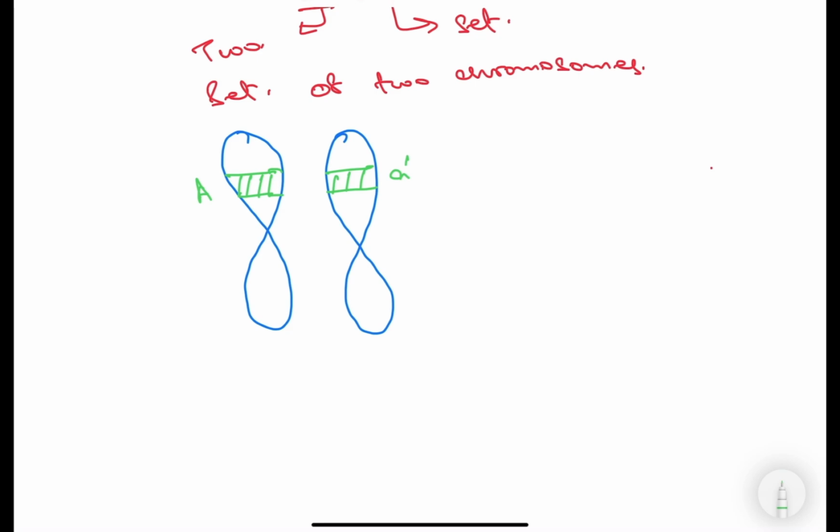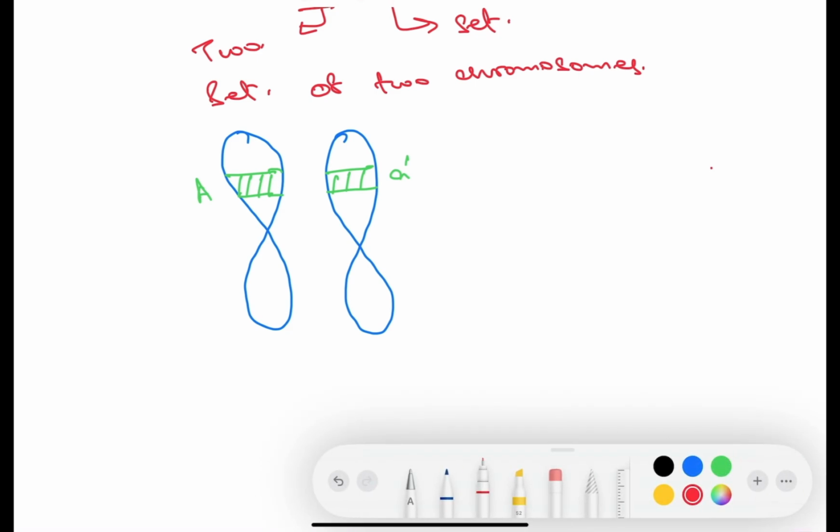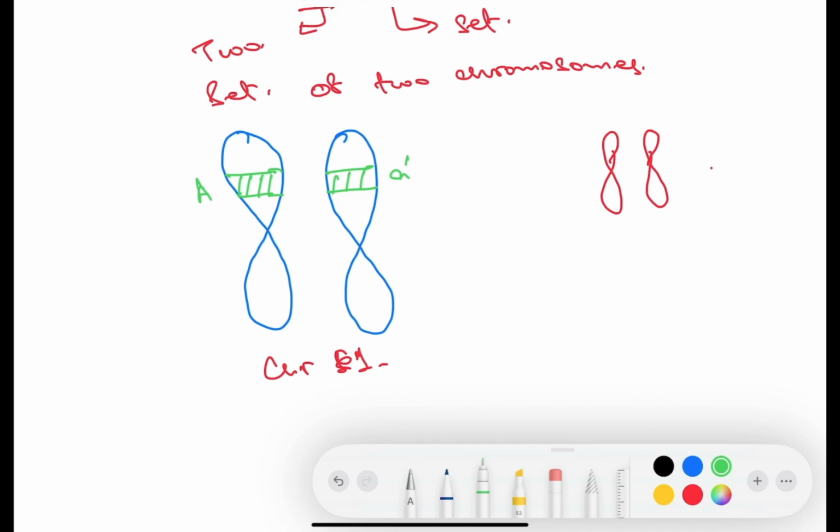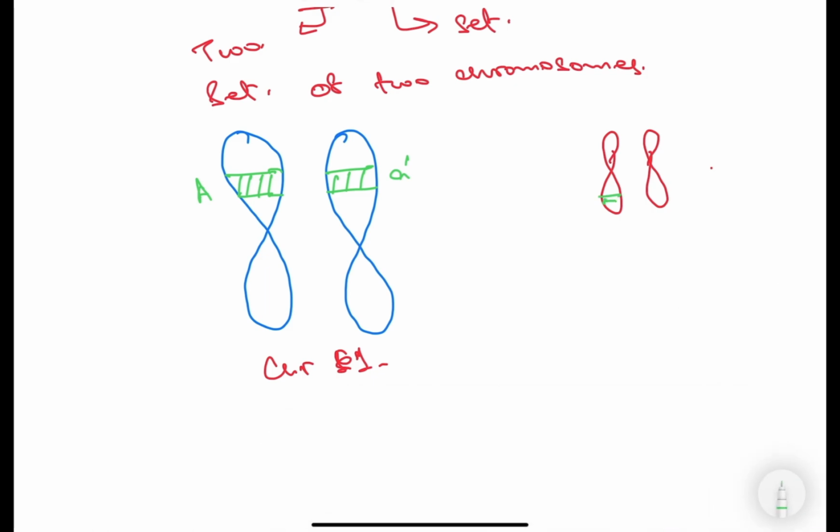For example, suppose there is another chromosome, chromosome 1, and let's take a different one. So these are homologous pairs, and suppose B has occupied this position, so small b will occupy this position.